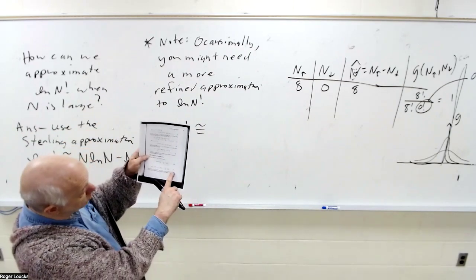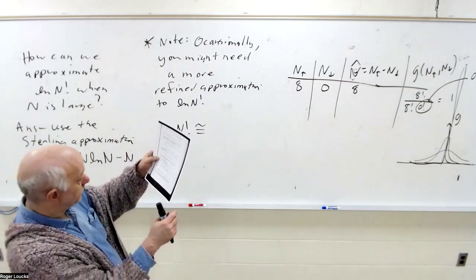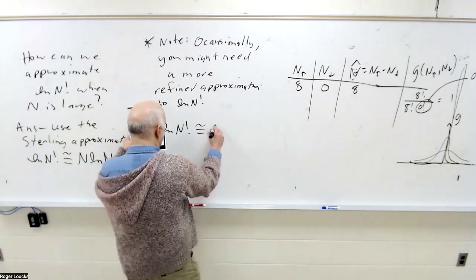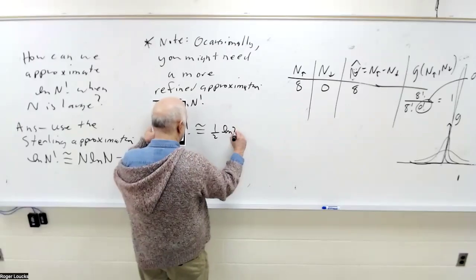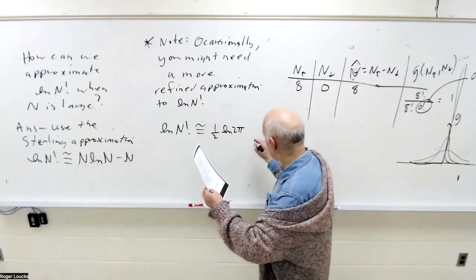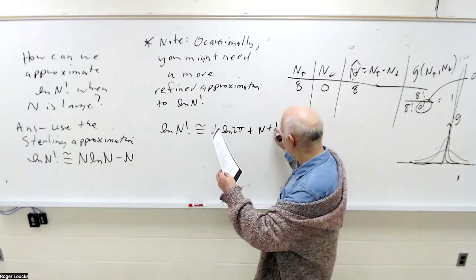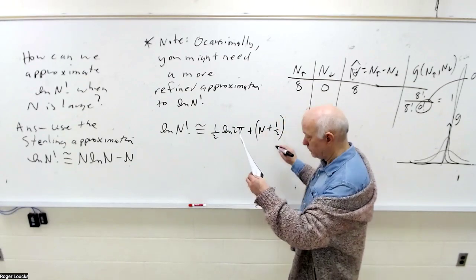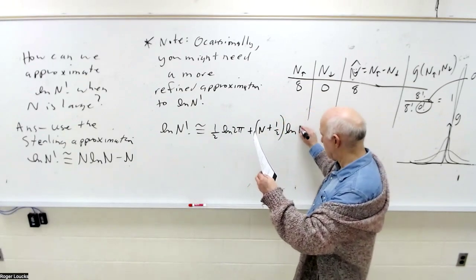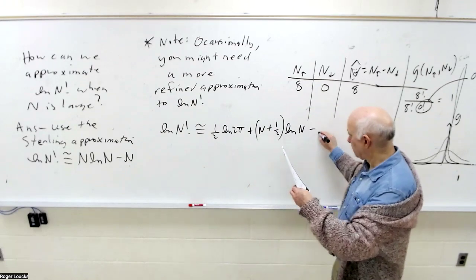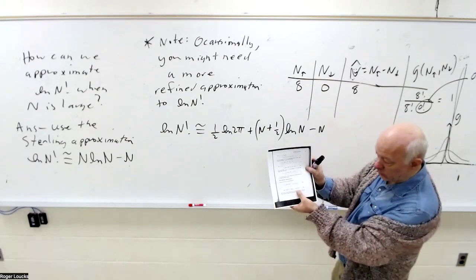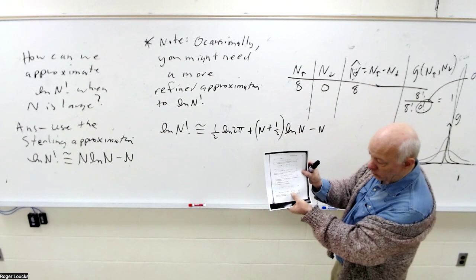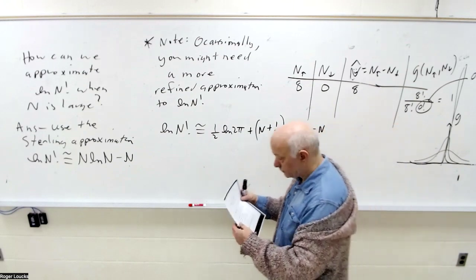It's really equation 12b on the first page of that handout I gave you. It's going to be one half the ln of 2 pi, plus n plus one half times ln of n, minus n. In fact, this plus 1 over 12n is almost never used.